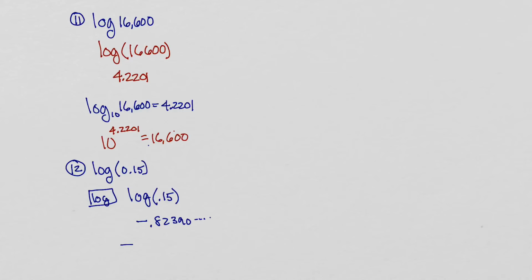So I'm going to write this as negative 0.8239. Just so we're clear on what it means, the log base 10 of 0.15 is negative 0.8239, and this means that the logarithm is the exponent. 10 to that exponent, negative 0.8239, should give us really close to that 0.15. It won't give it exactly because we rounded this off.